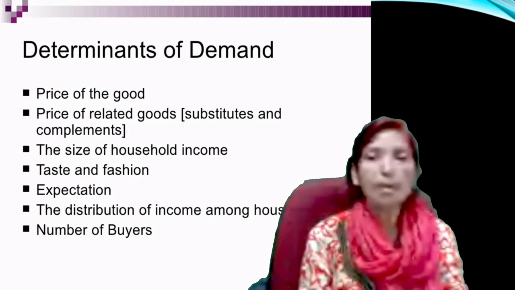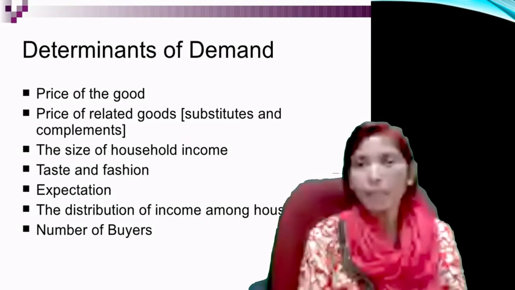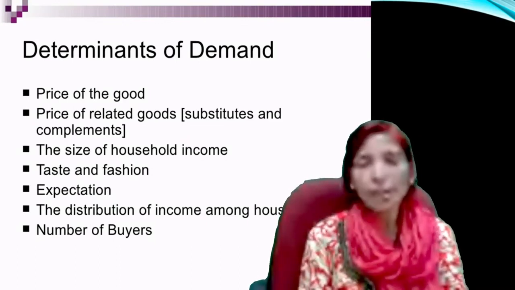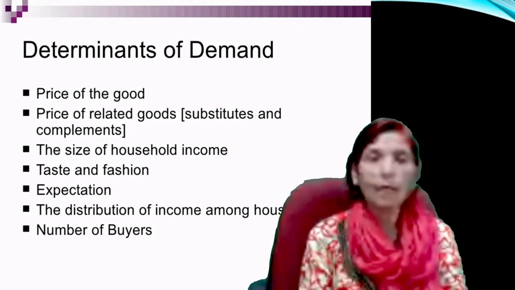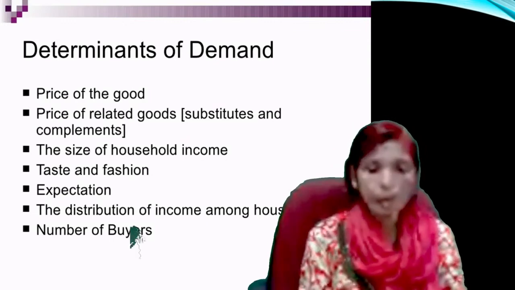All these things are necessary products. Whatever amount of income we have, the demand will not change. If demand does not change due to a change in income level, that is called necessary goods demand.